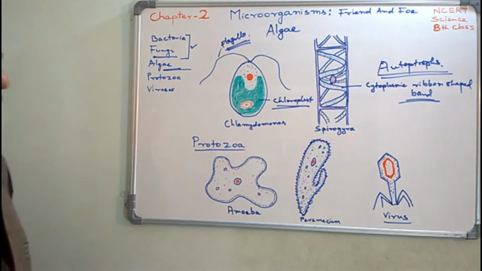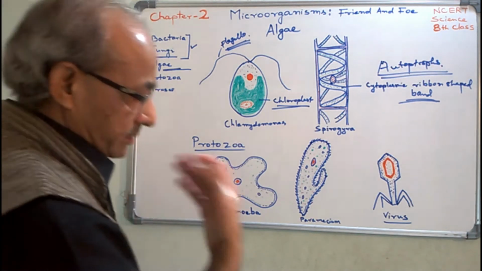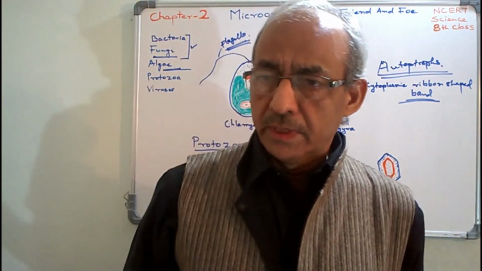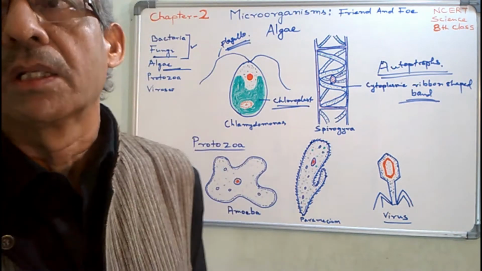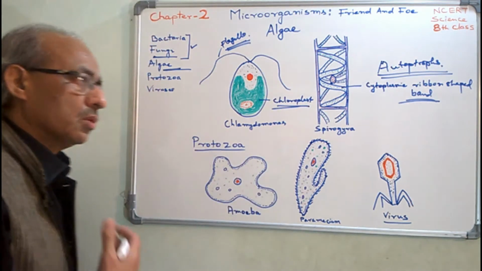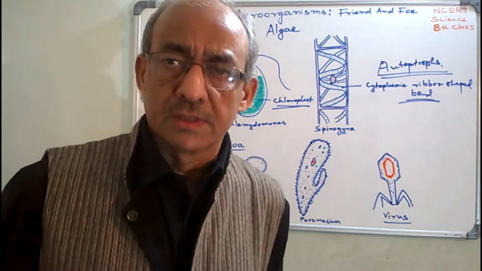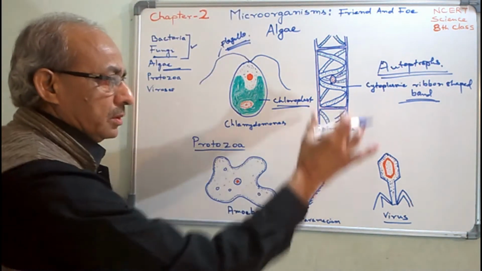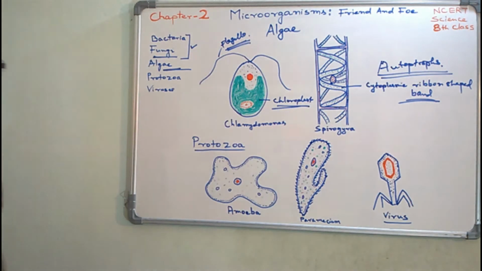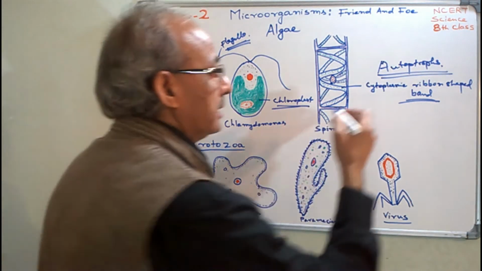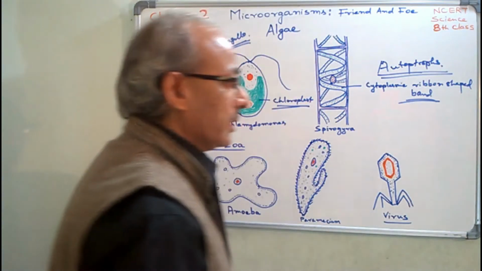So, Spirogyra, as I just told you, all the members of the algal groups are capable of performing photosynthesis because they contain chlorophylls. So, Spirogyra also performs photosynthesis and they are autotrophs.